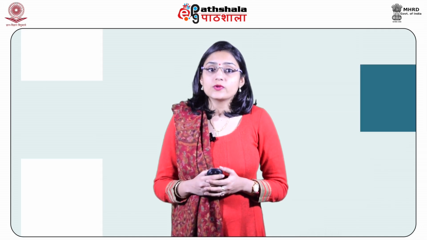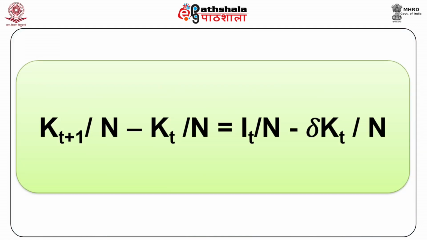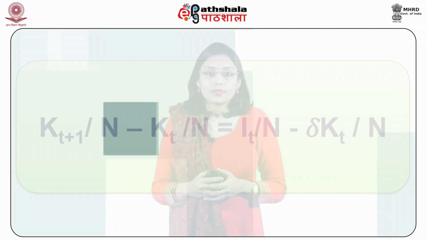By expanding and rearranging the terms in equation 3, we get K_{t+1}/N − K_t/N = I_t/N − λK_t/N.